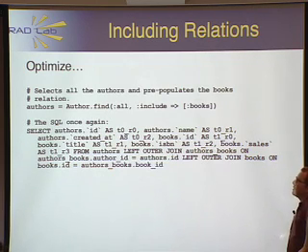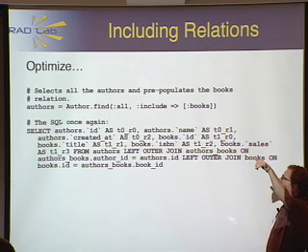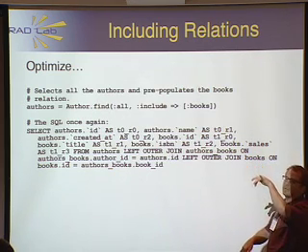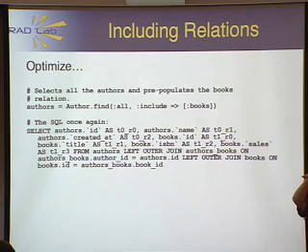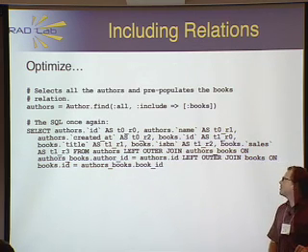Nice thing about Rails is that it actually handles all that stuff for you. So it takes instances of author and knows that there's going to be multiple instances of book for each author, and it gives you one instance of author, and then it knows how to combine up the rest of those results as lists of books. Does all that, instantiates those objects, pre-populates that association. That way, this thing goes much faster.